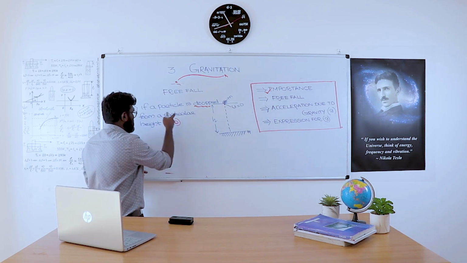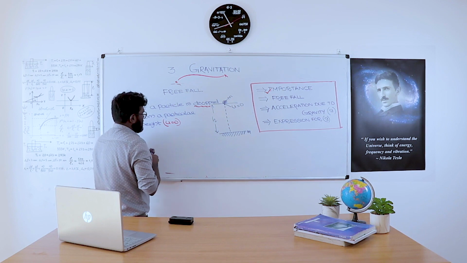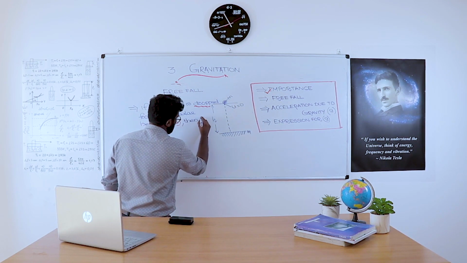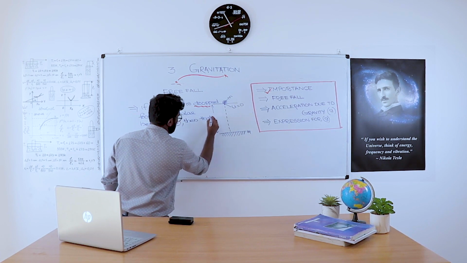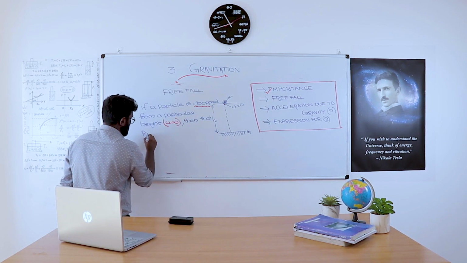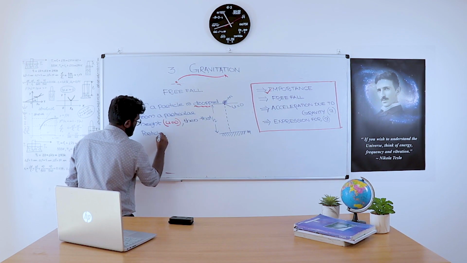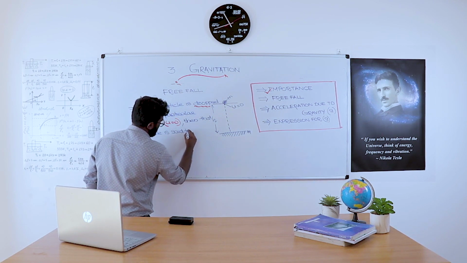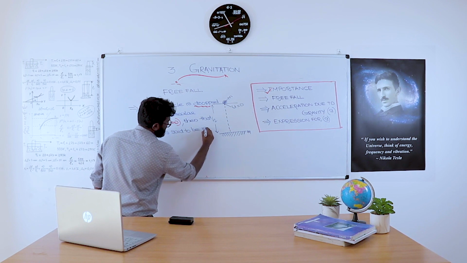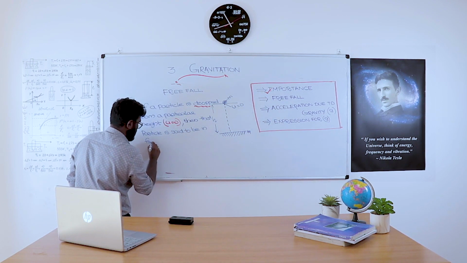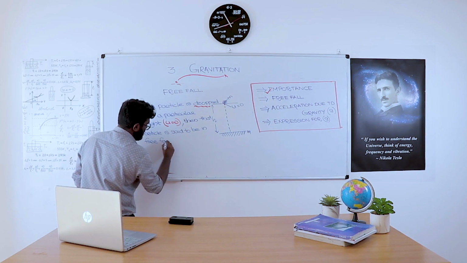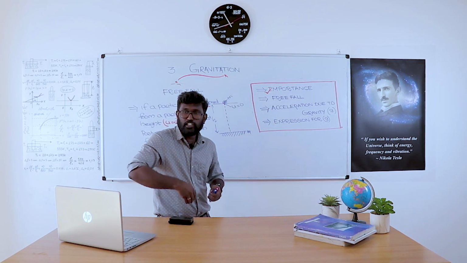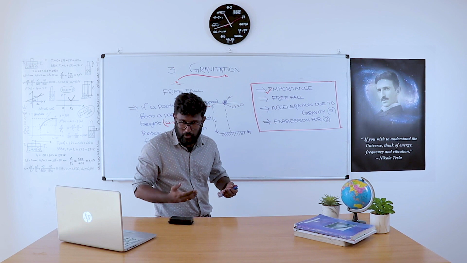If a particle is dropped from a particular height, then that particle is said to be in free fall. Why is that particle said to be in free fall? Because the initial velocity of the particle is 0.